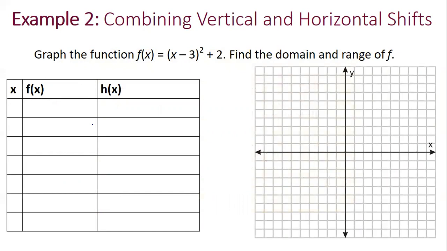All right. I need you to do me a favor here. This is just supposed to be an x, and this is supposed to be f, so ignore that. So if we start off with our parent function here, I have 2 changes I have to make. I'm missing a column.